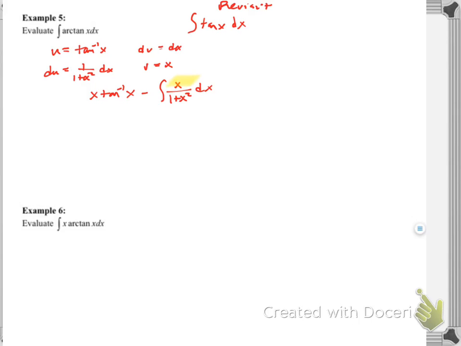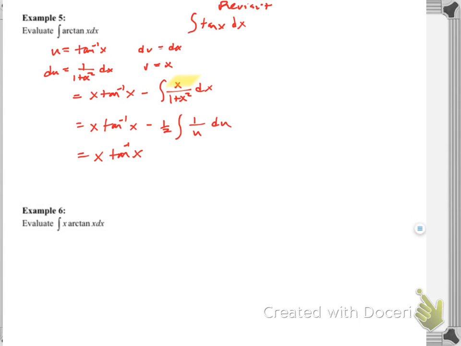Well, I don't see a 2x up here, so there must be a 1/2 in the antiderivative that makes that possible. You can do it longhand if you want, but there's 1/2, 1 over u du. So if you do u equals 1 plus x squared and work it all out, you're going to get 1/2 the integral of 1 over u du.